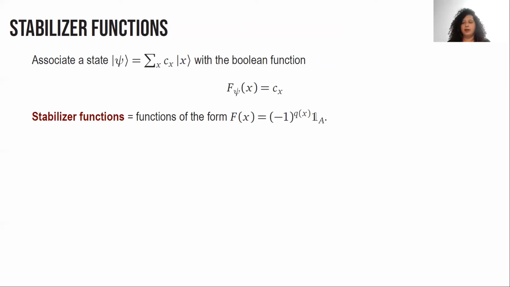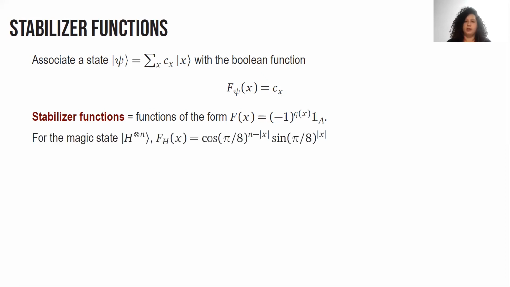And a stabilizer function is a function that is defined in the following way. We have the indicator function of some affine subspace, and we multiply it by minus 1 to the Q of x, where Q is a quadratic polynomial. Just to give an example, what is the Boolean function associated with the nth power of the magic state?